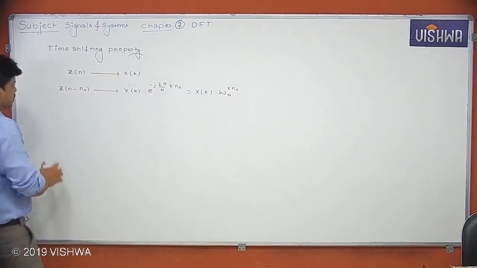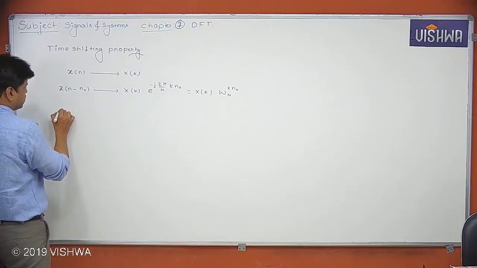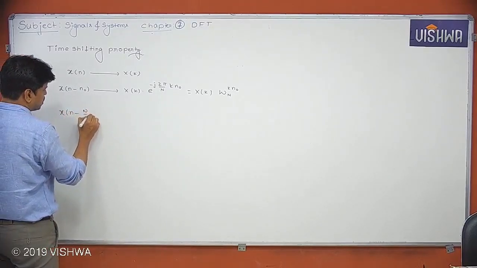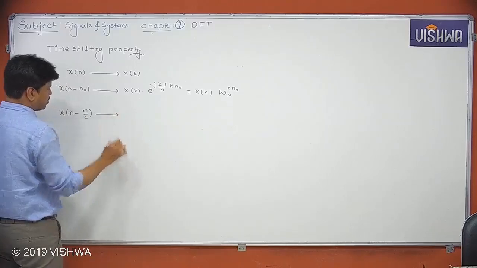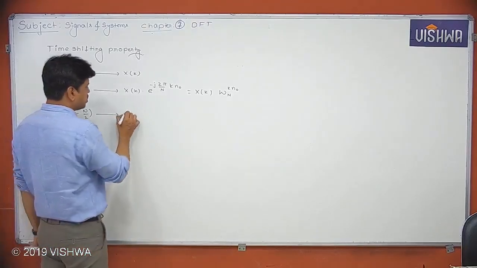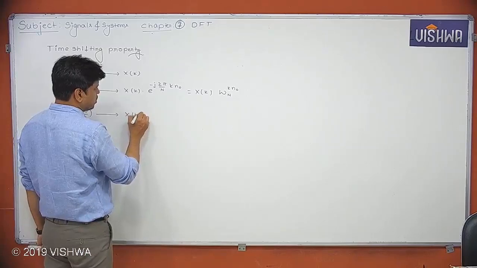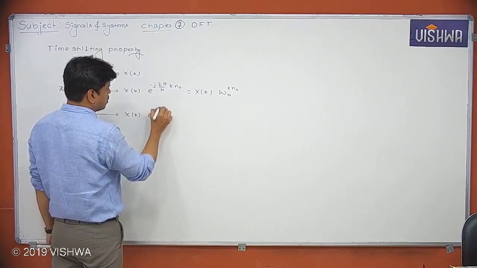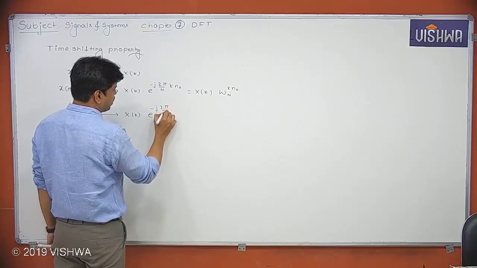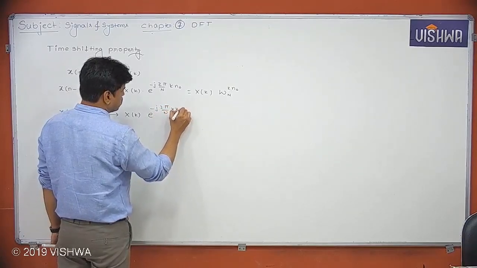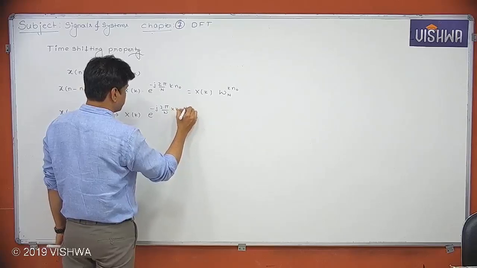Next, there is a very important thing, that is x of n minus n by 2. Suppose I shift by half of the period, then this is nothing but x of k e power minus j 2 pi by n into k into n naught, where n naught is n by 2.